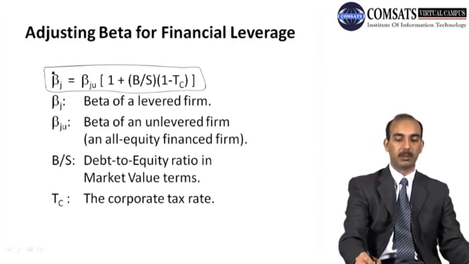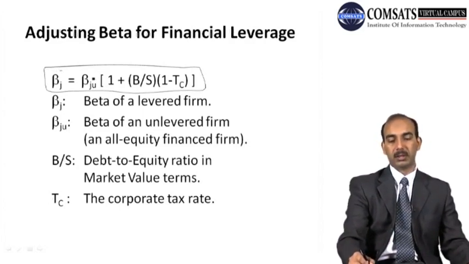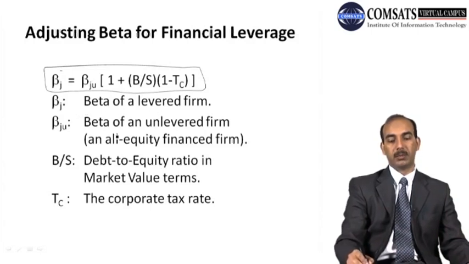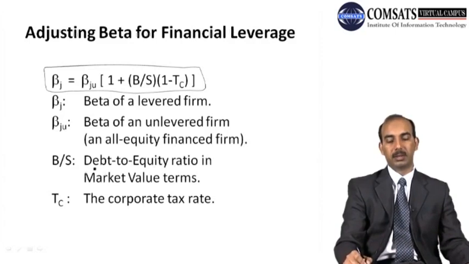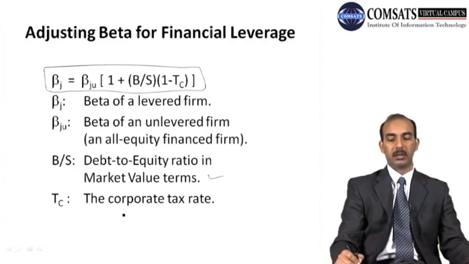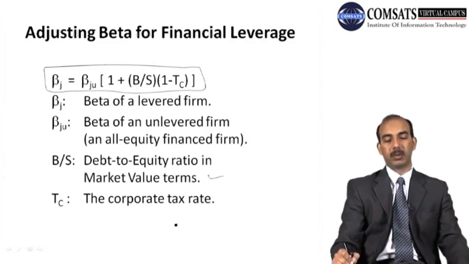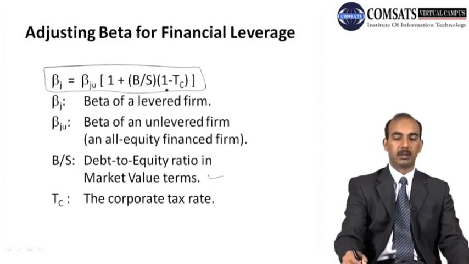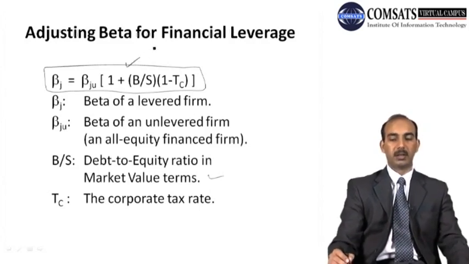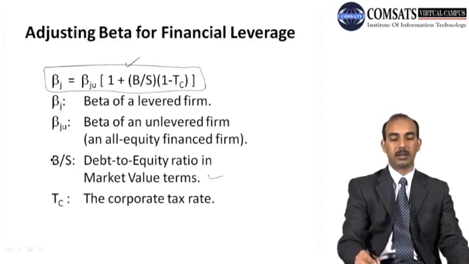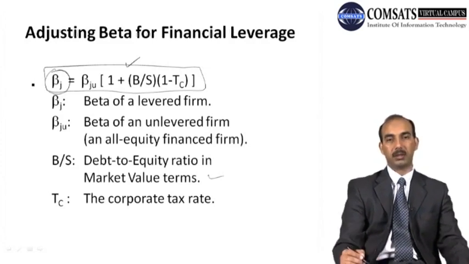You adjust the beta for project J by using this information, where beta J is for a levered firm and beta JU represents beta of an unlevered firm, that is an all equity financed firm, and B over S represents the debt to equity ratio in market terms, and TC is the corporate tax rate. So if you solve this equation to calculate the adjusted beta, you can calculate it for project J by using this information.